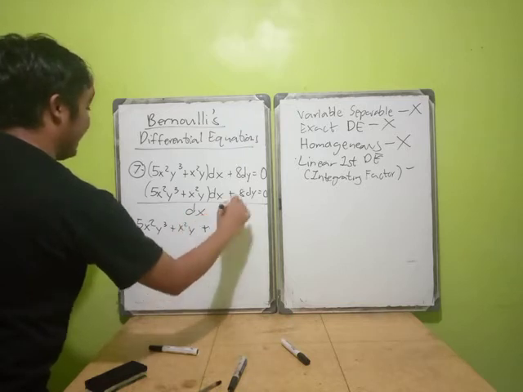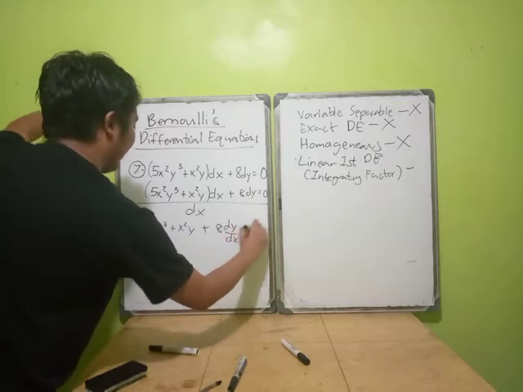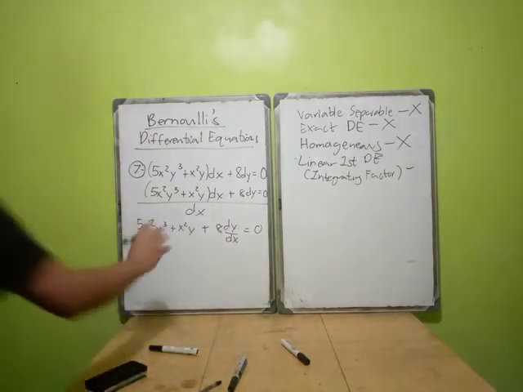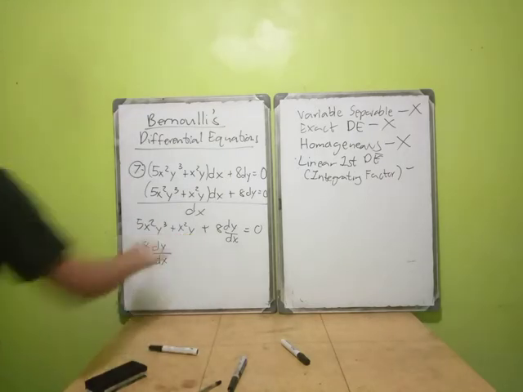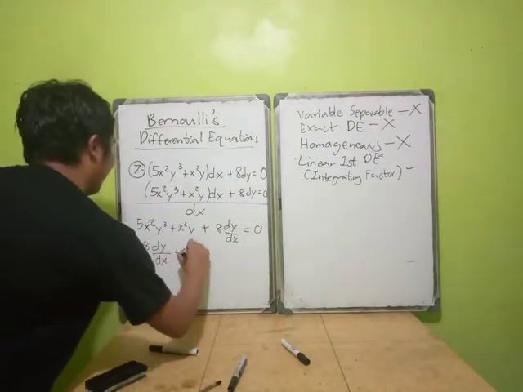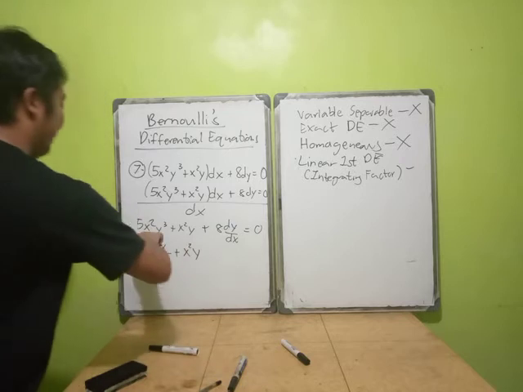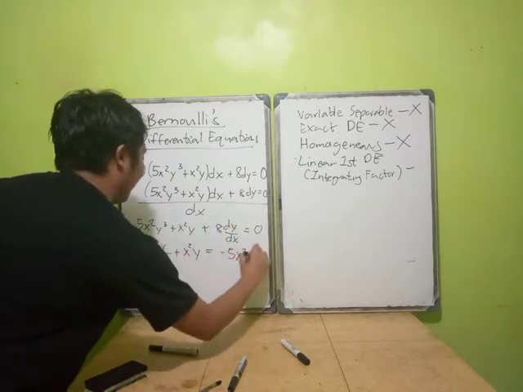So, wala na siyang dx, so magiging 8 dy over dx equals 0. Okay? So, arrange natin. So, magiging 8 dy over dx. Hanapin mo yung may kasamang y to the power of 1 lang. So, magiging x squared y. Ilipat ko to doon sa kabila, magiging negative 5x squared y cube.